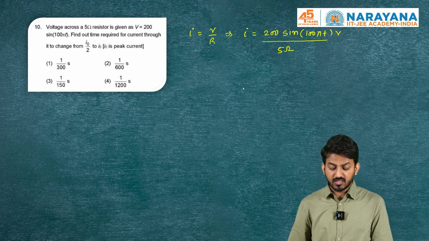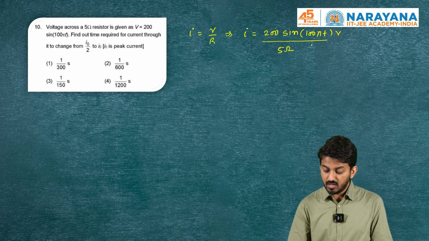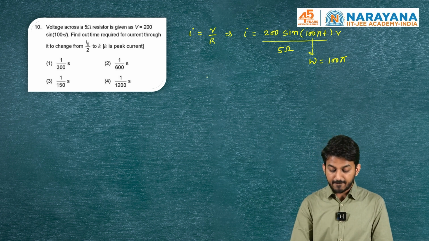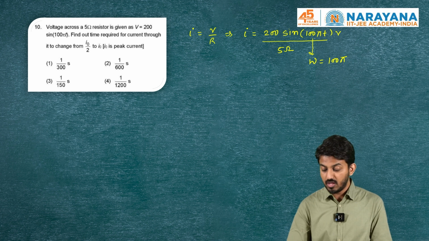Now, but again, they're asking for the time. Looking at this here, we can relate this 100 pi thing as omega. From here, angular frequency of the function here is 100 pi. Now, we want the current to go from I naught by 2 to I naught.